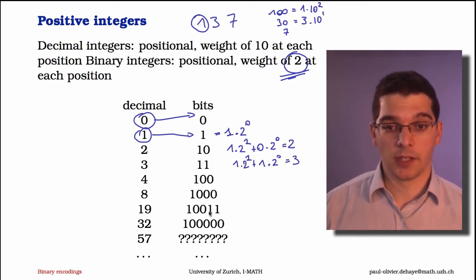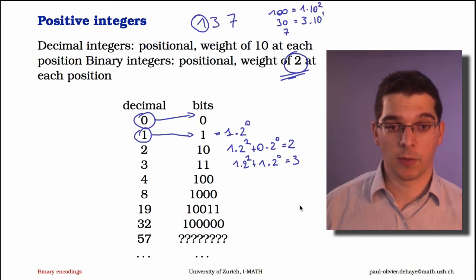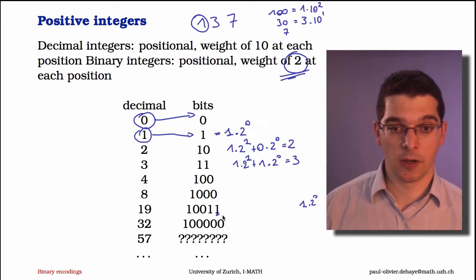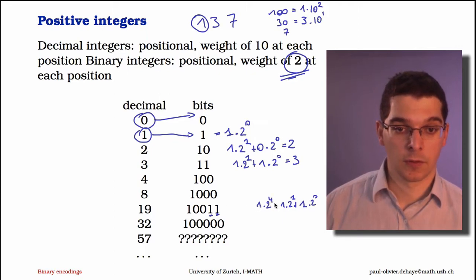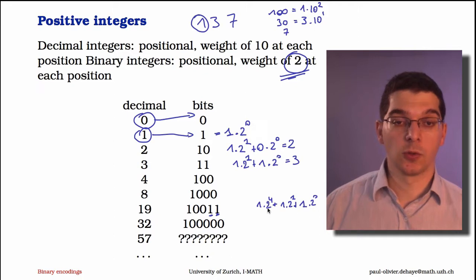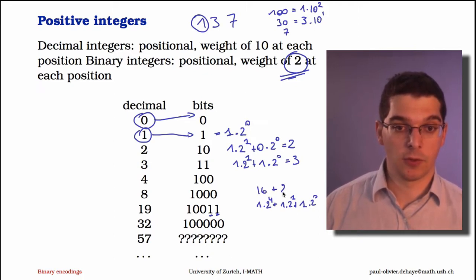If I take a more complicated example like this one, I start from the right, I have 1 times 2 to the 0, that's this one here, plus 1 times 2 to the 1, that's this one here, plus 0 times 2 to the 2, plus 0 times 2 to the 3, plus 1 times 2 to the 4. So this 2 to the 4 means 4 times 4, so it's 16. And here I have 2, and here I have 1. So this is indeed equal to 19.